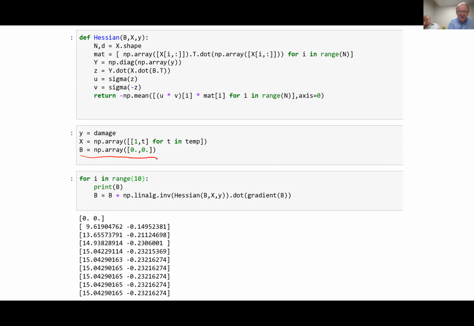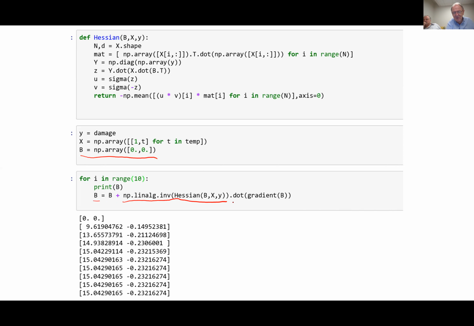So instead of gradient descent, let's now use the Newton method. Here we start with a B, and then we take the inverse of the Hessian. I computed the Hessian up here in code, so you can also try to run this code.